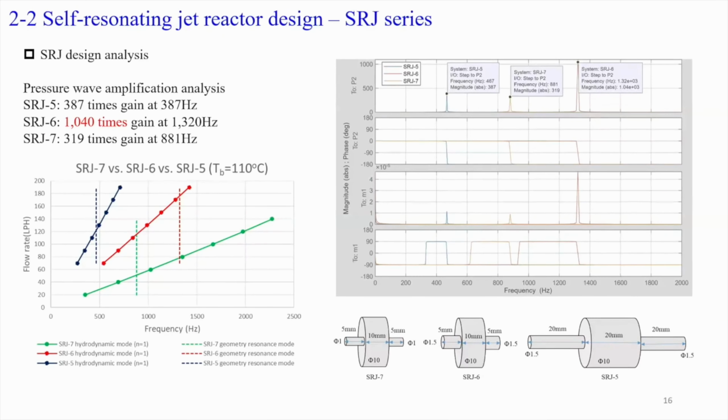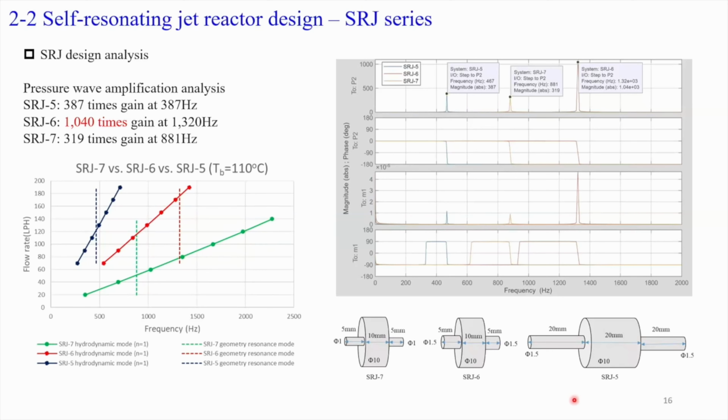So far we have designed three kinds of SRJ reactor, referring to the previous study: SRJ 5, 6, and 7 right here. Those dimensions were based on the convenience for us to build in our lab.